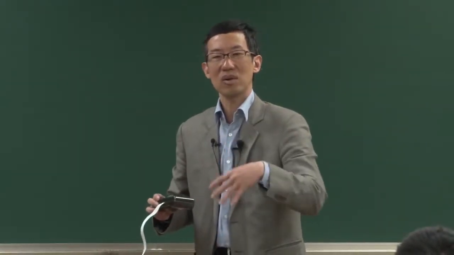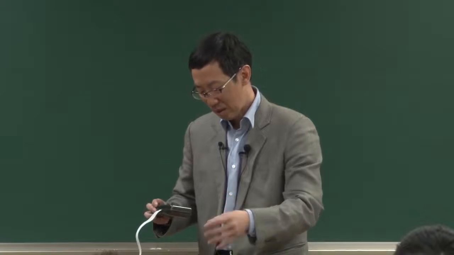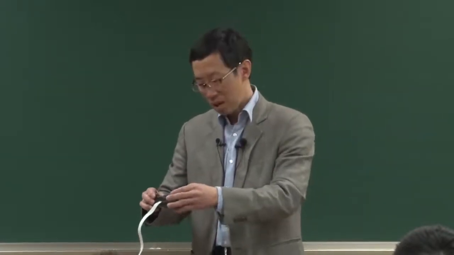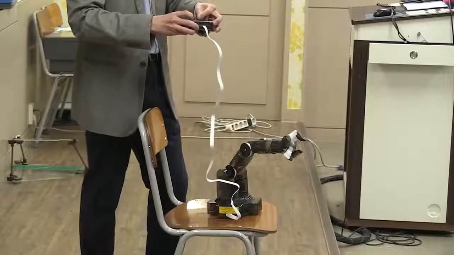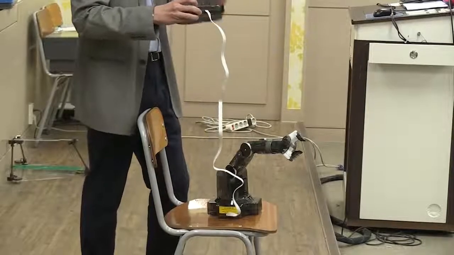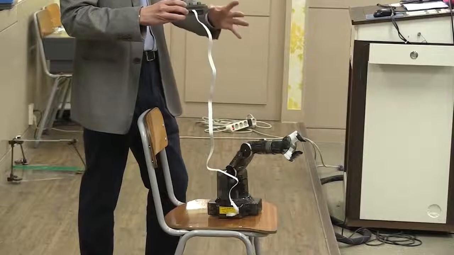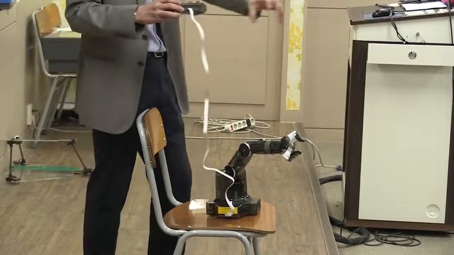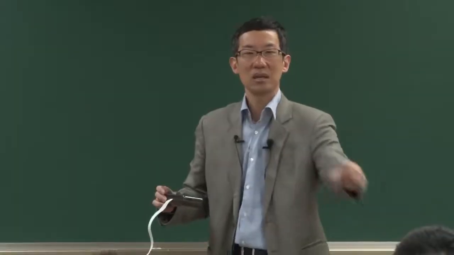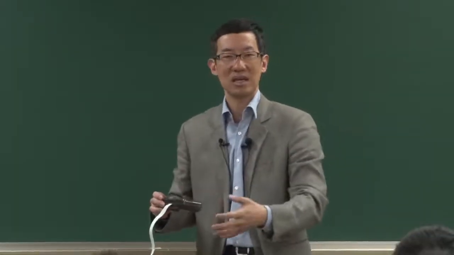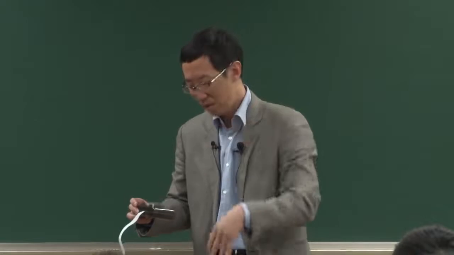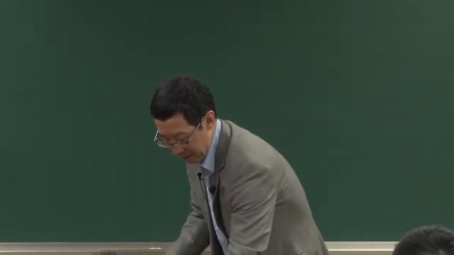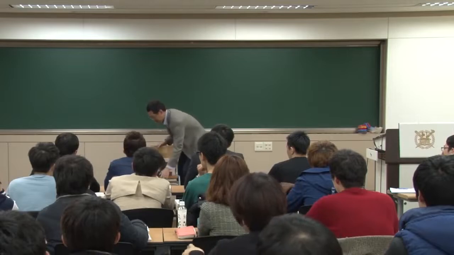Rather we're more concerned about, for example, here I'm basically moving the robot using my visual feedback. We want the robot to be smart enough to know where to move the arm to pick up an object and place it somewhere else. Those kinds of tasks. So we're looking at sort of higher level capabilities. Let me put this aside.